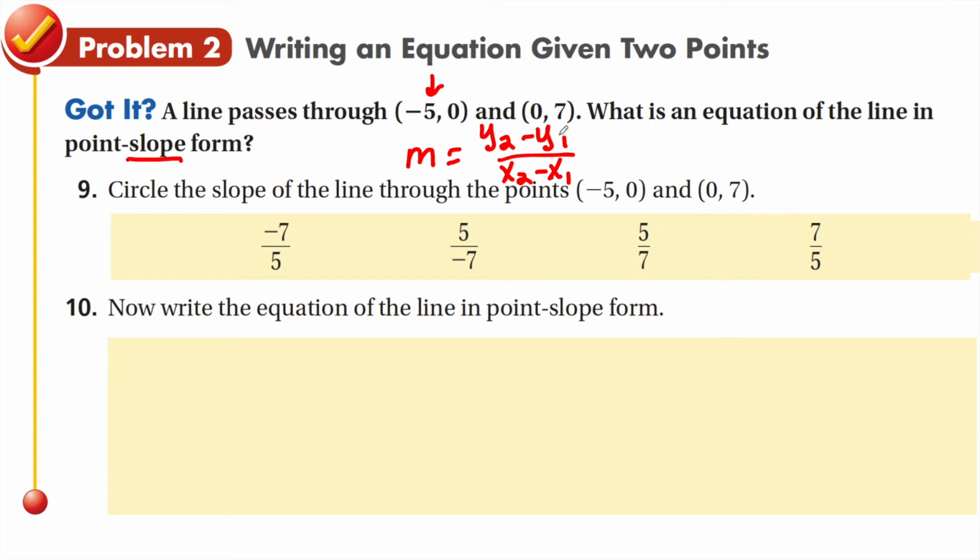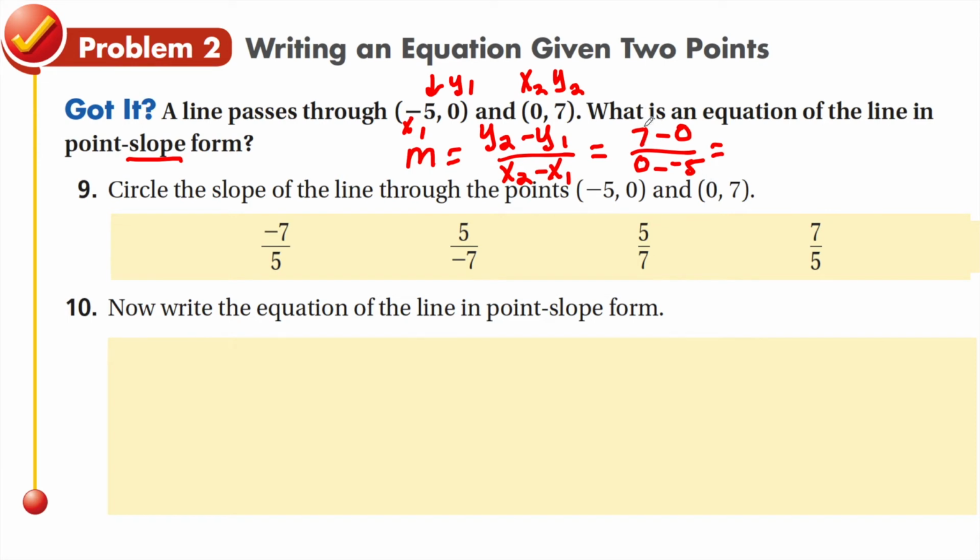So if we had to plug this in, y2 is going to be my 7, which means the x2 is going to be 0. And then again, the y1 will be that 0, and then the x1 will be that negative 5. So that is going to be the same thing as 7 minus 0 all over 0 minus a negative 5.